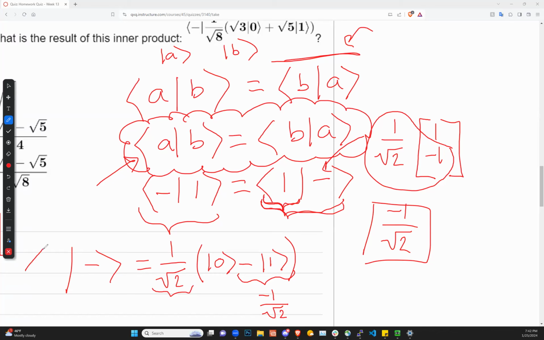If I took the inner product with 1 here, then I'm extracting the amplitude, or the coefficient, of the 1 ket, which just so happens to be this -1 over the square root of 2. Does that make a little more sense? Or I could try to explain it a different way. I'll just need a second to think.